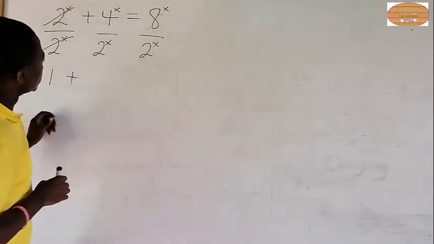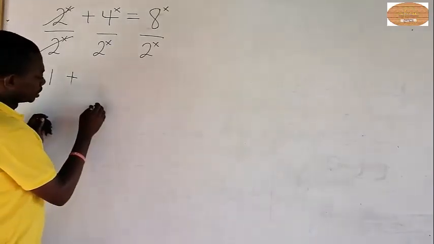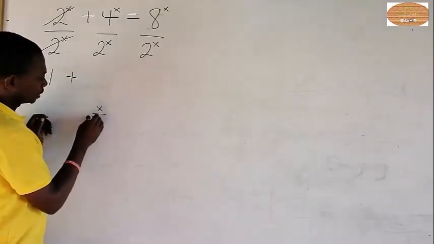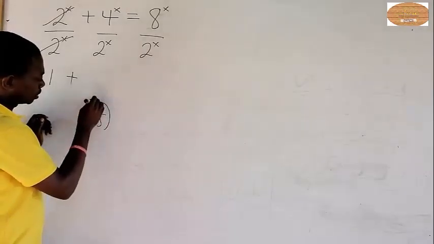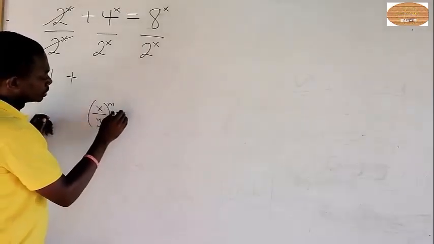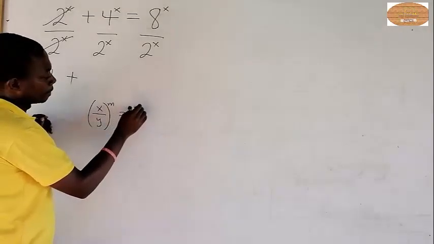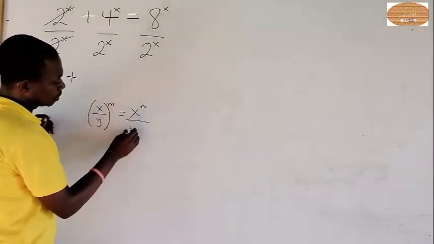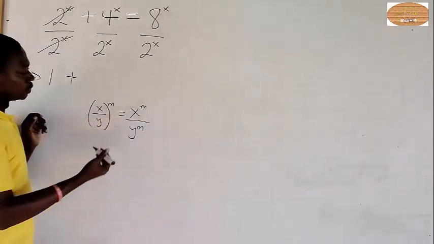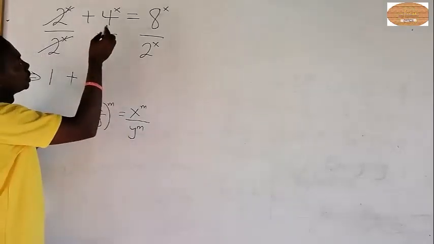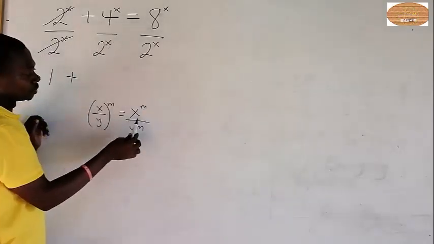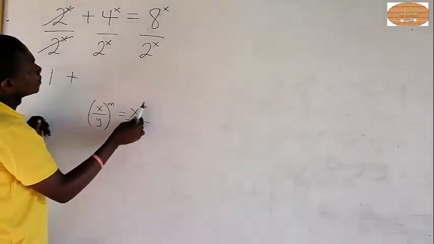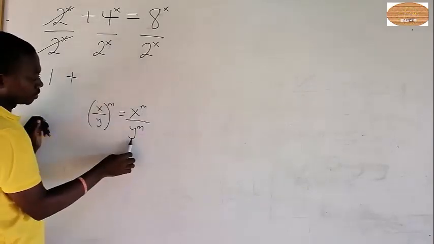Now we know from indices that x over y all to the power m is the same as x to the power m over y to the power m. So let's compare this one to this. This one is 4 to the power x, so this is x to the power m, and this is y to the power m.